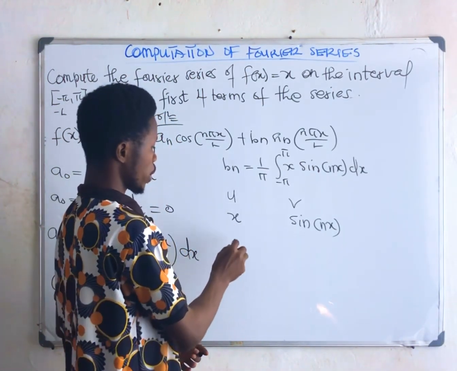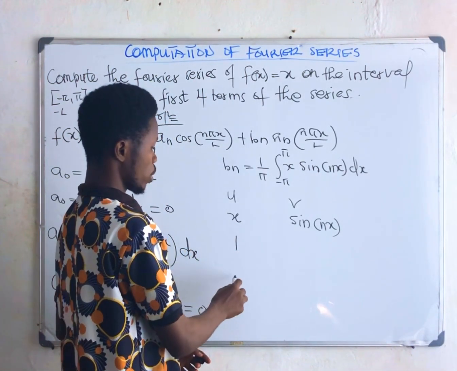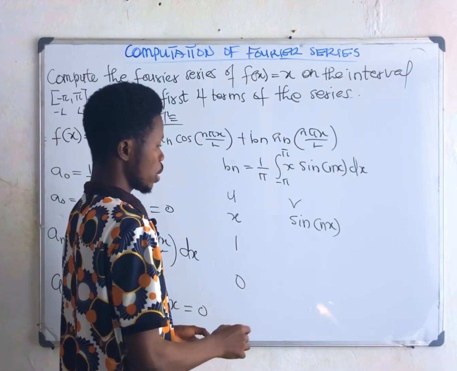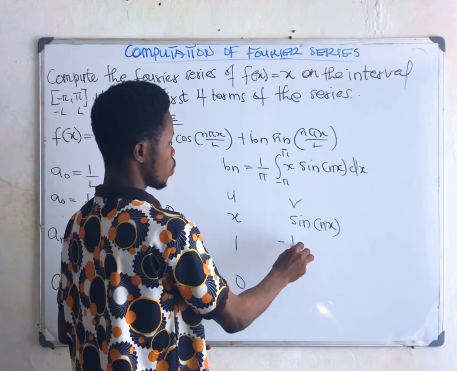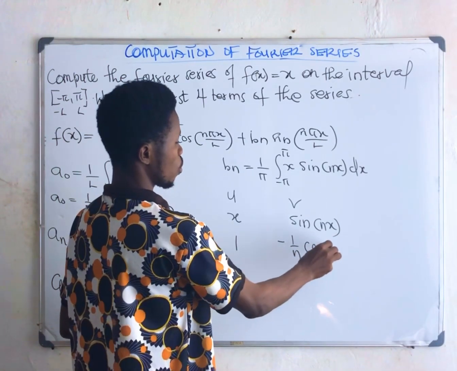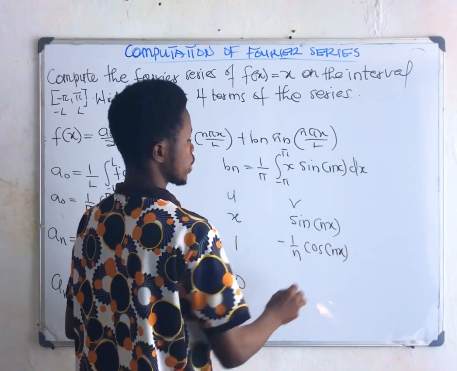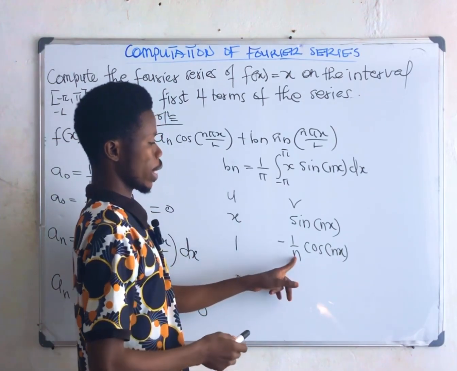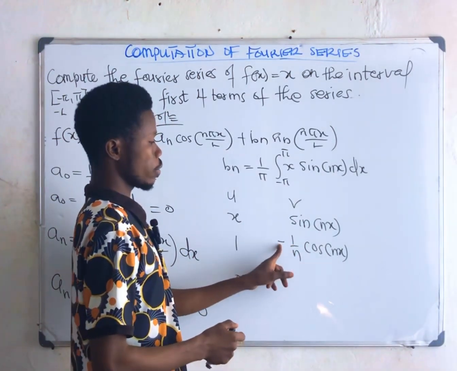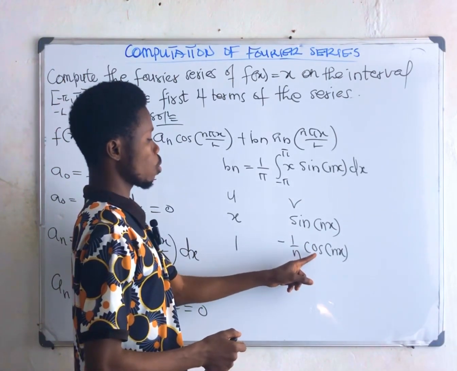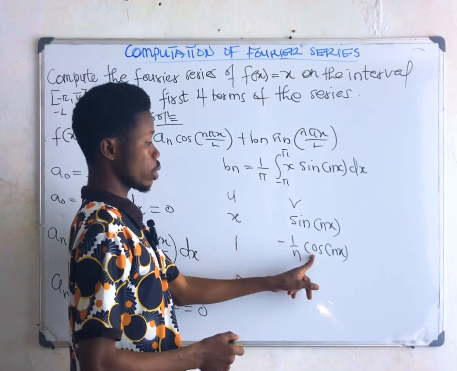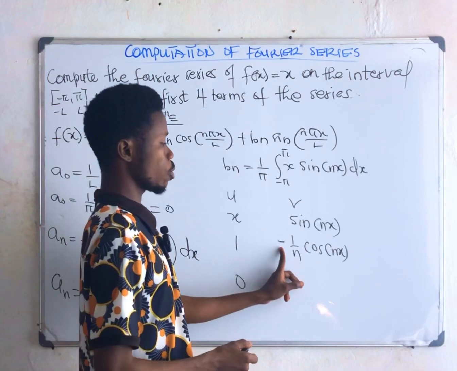Now if you differentiate x, it will give you 1. Differentiate 1, it will give you 0. If you integrate sine nx, it gives you negative 1 over n cos nx. If you are confused about where the n is coming from and the negative, when you integrate sine, it gives you negative cos. If you differentiate cos, it gives you negative sine, but when you integrate sine, it gives you negative cos.